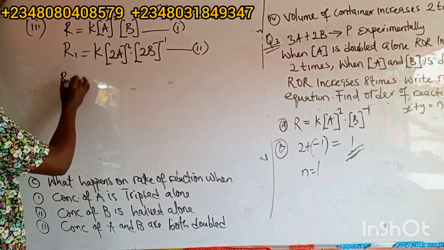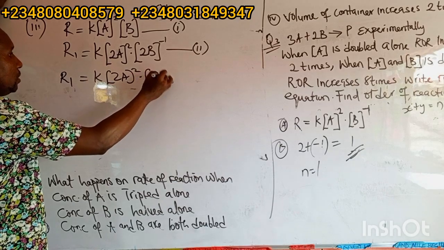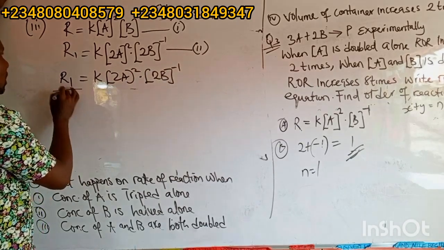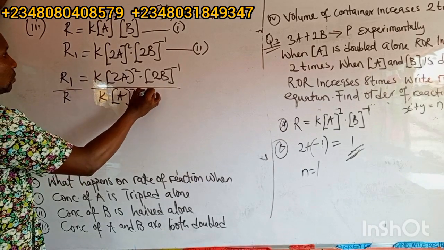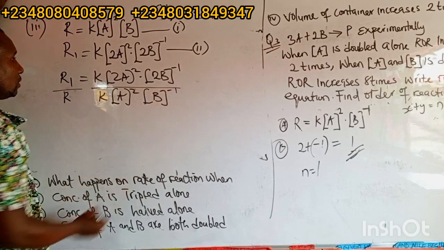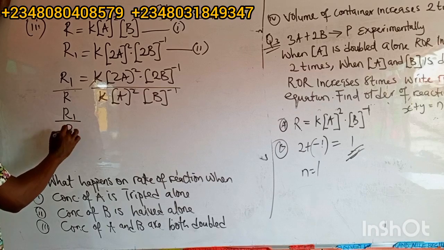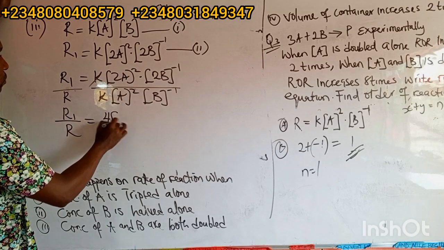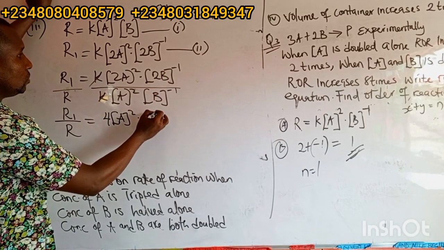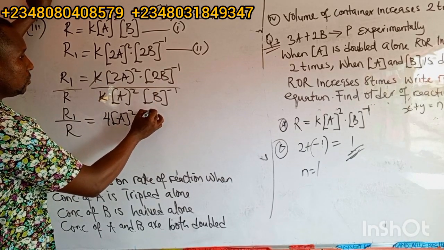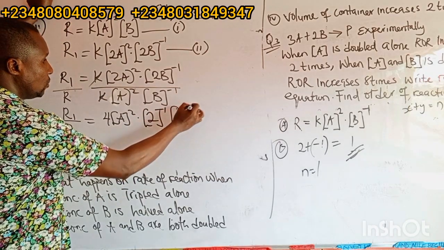What is equation 2? R1 equals K into 2A raised to power 2, 2B raised to power minus 1, over R equals K, A raised to power 2, B raised to power minus 1. What happened from here? K cancels K. You have 4 into A raised to power 2, and 2 raised to power minus 1, then B raised to power minus 1.